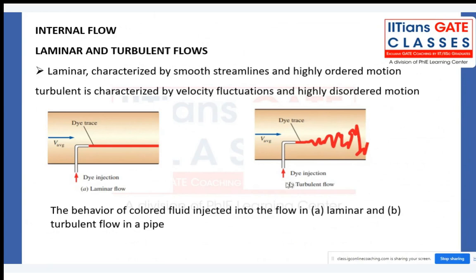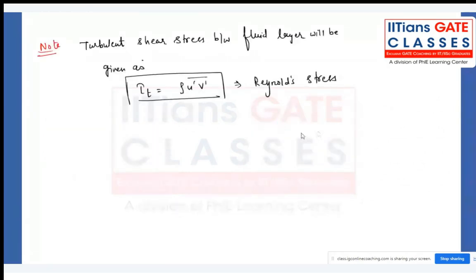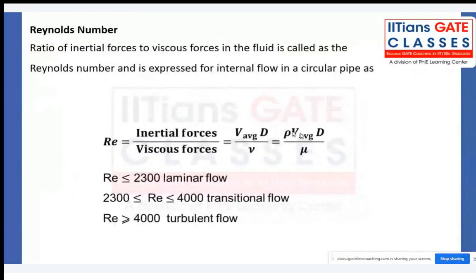Note down the Reynolds number. Many of you are aware of this particular number, right? A very important number. It is the ratio of the inertial force to the viscous force in the fluid, called the Reynolds number, and it is expressed for the internal flow in a circular pipe as something like this.